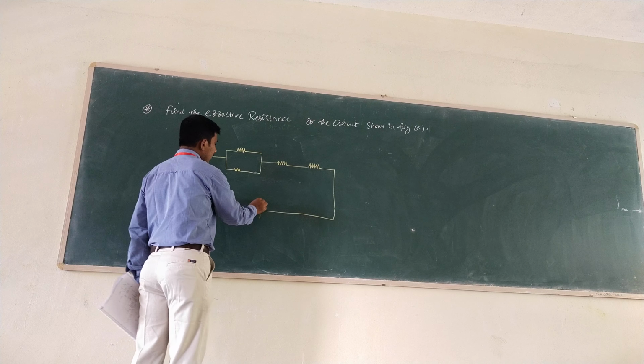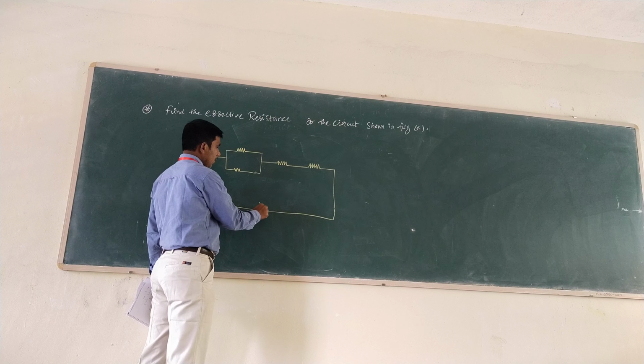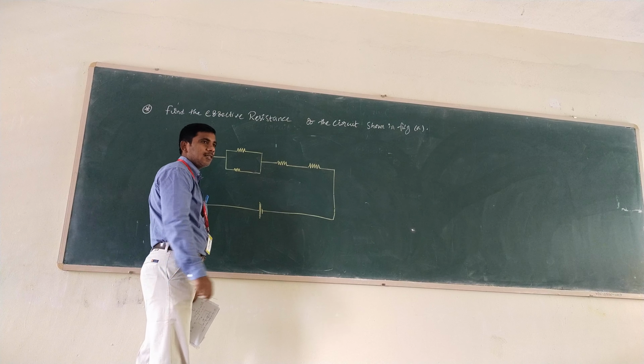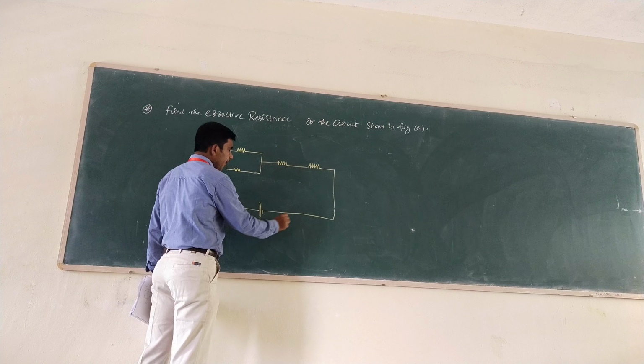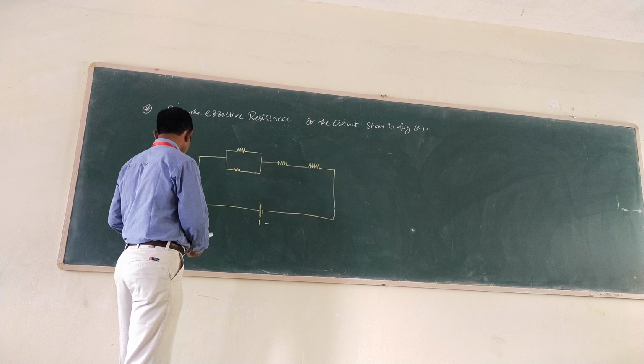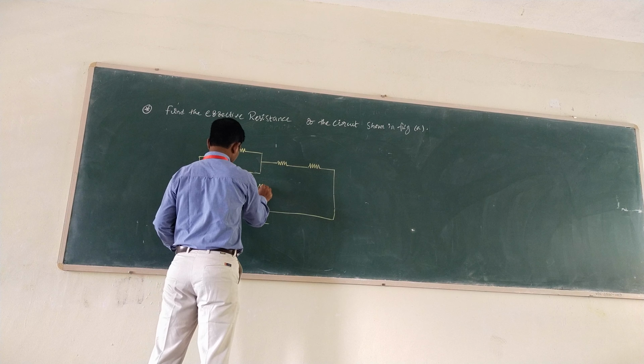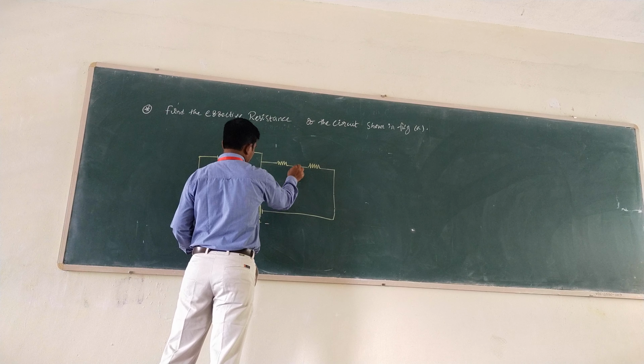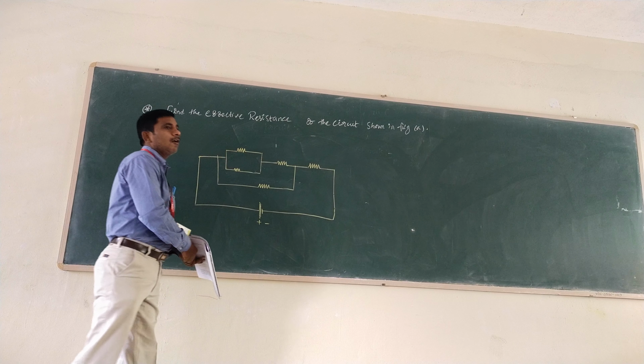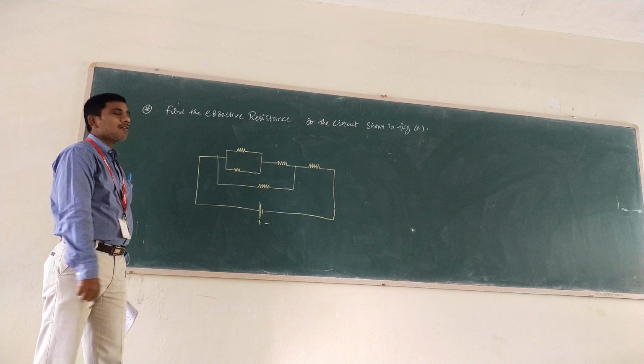What is this? If you indicate like this, is it AC or DC? It is a battery, plus and minus. Find the equivalent resistance or effective resistance for this.